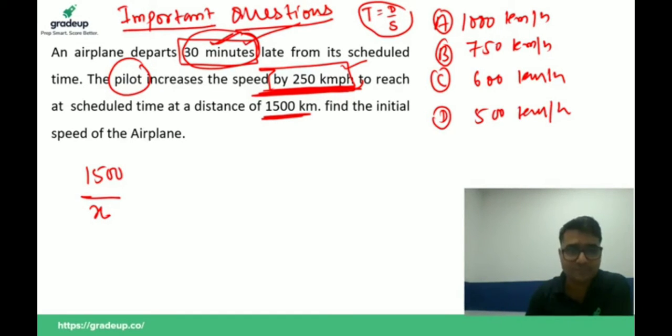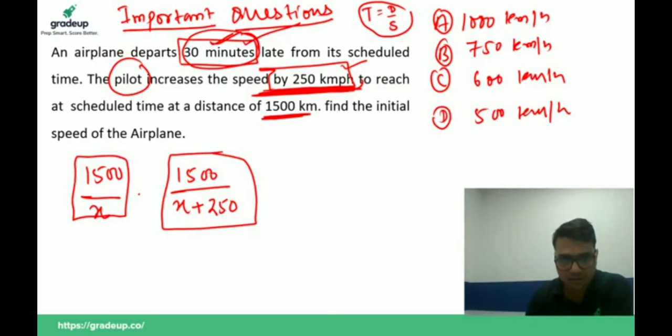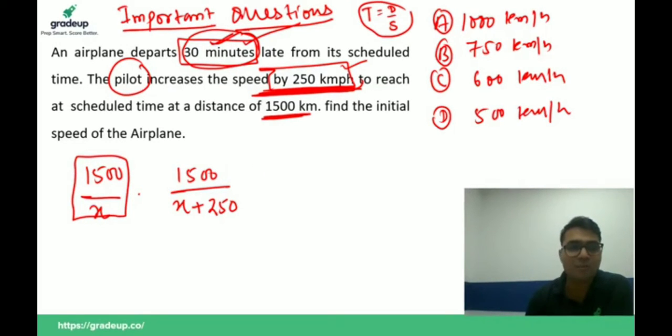All right. Now listen, guys. This should be the time at the actual speed. But the pilot increases the speed of the aeroplane by 250 km per hour. Then this is the actual time to reach. This is the duration to reach after increasing the speed of the airplane by 250 km per hour.